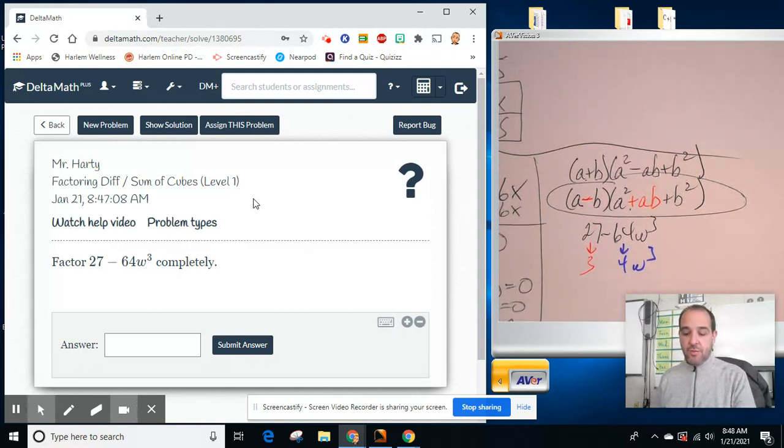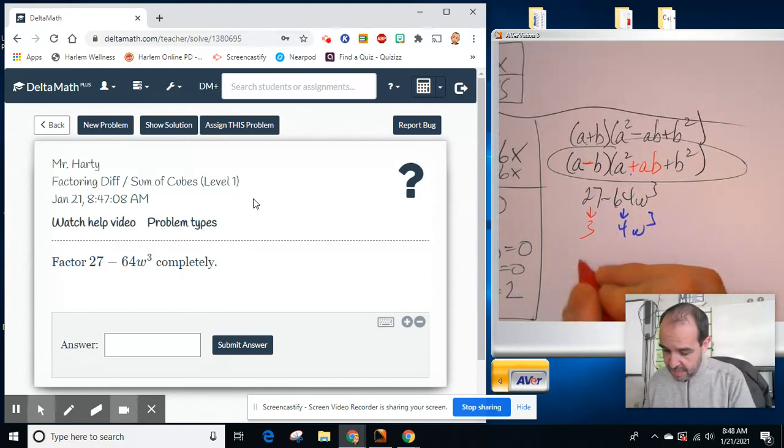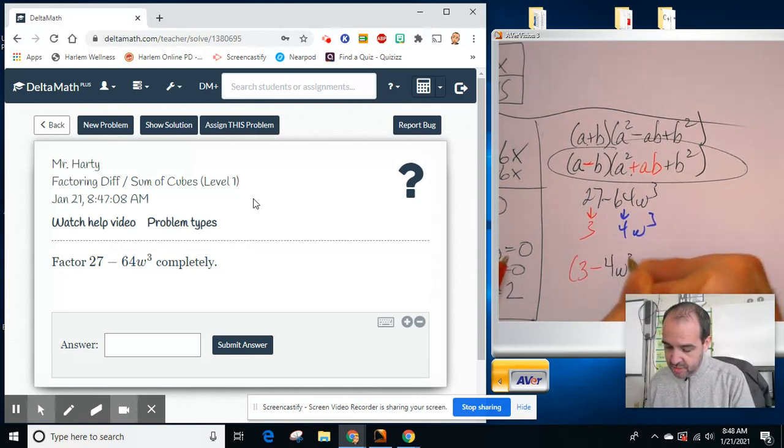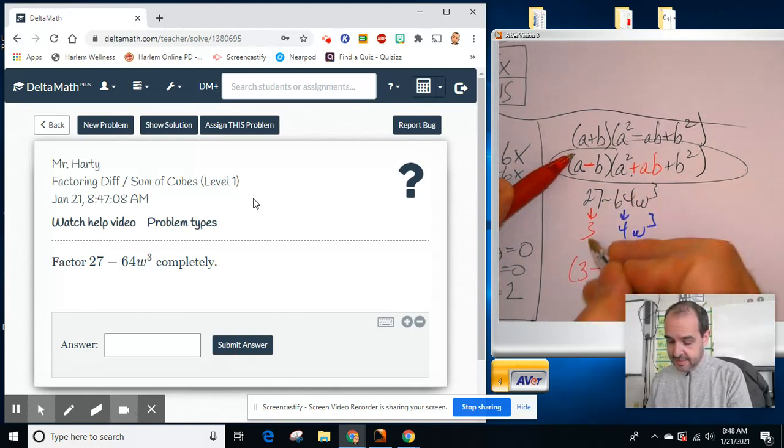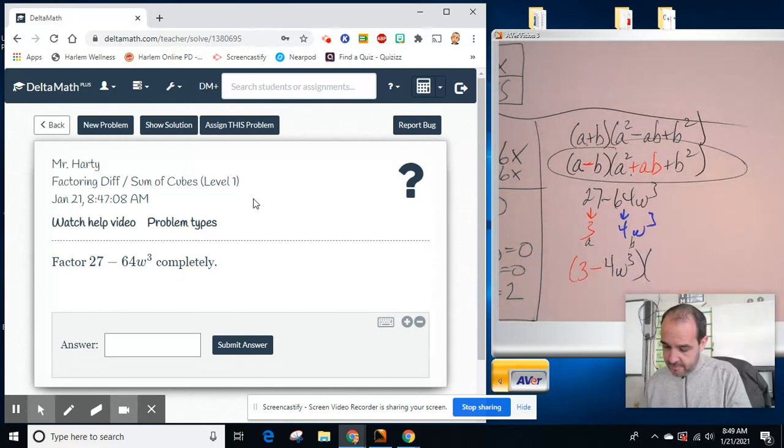And then I'm going to follow the form again, and the form is following this. So we've got 3 minus 4w to the third, because again, this is A, this is B. And again, if you've got the forms, you're just copying, okay? You're not even having to do anything fancy.